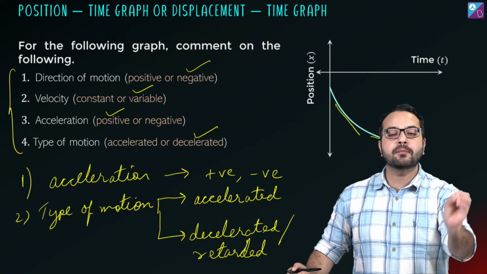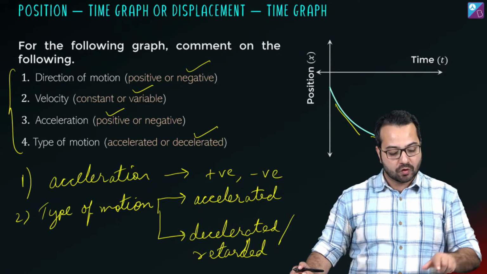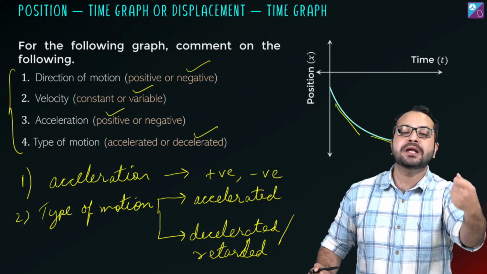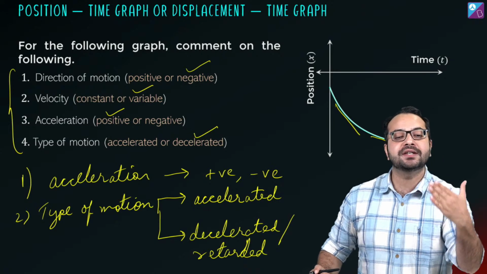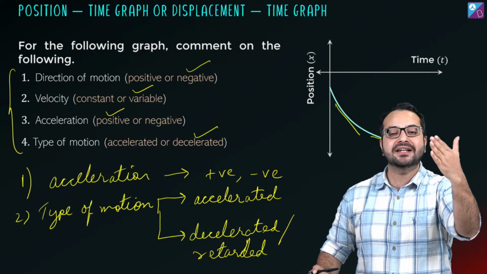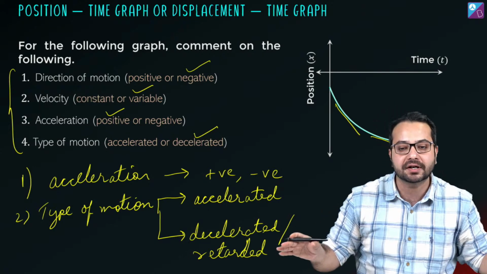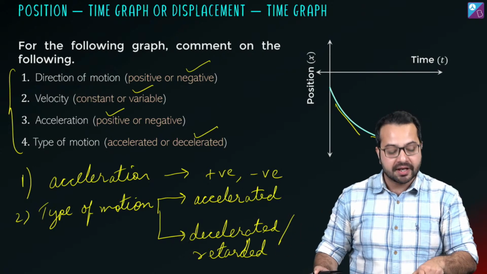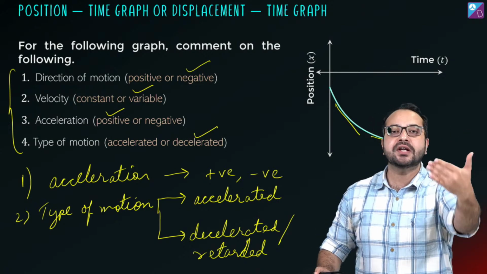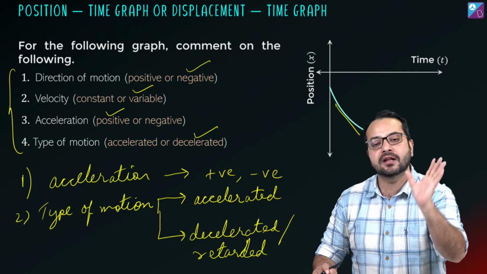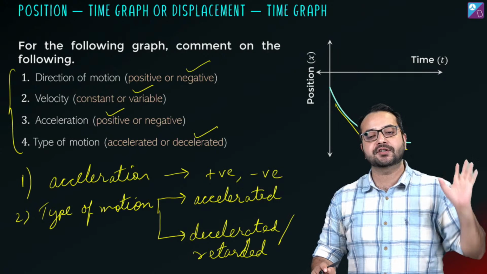Now when we are talking about the type of motion, what does it mean? It could either be accelerated when the speed is increasing. If the speed is increasing, no matter what the direction of acceleration is, I don't care about the direction of acceleration. ठीक है? If the speed is increasing, it is going to be an accelerated motion. Is that correct?